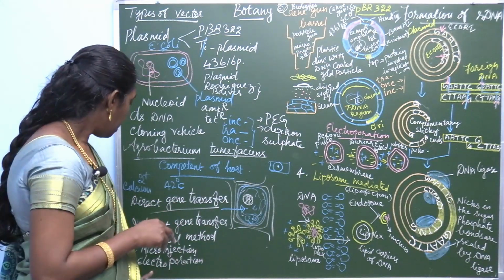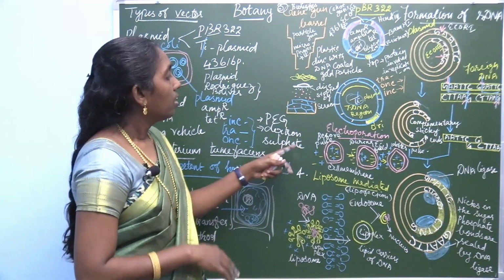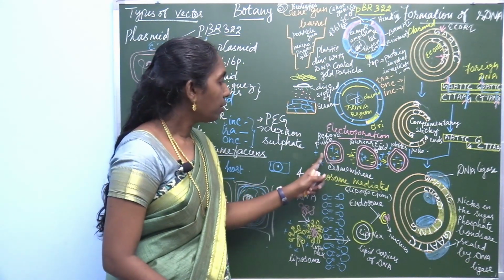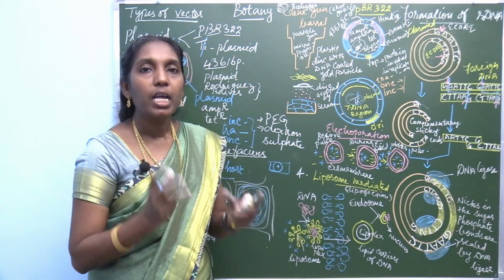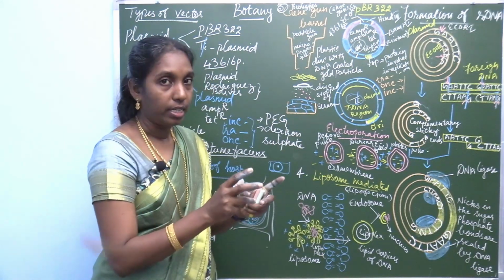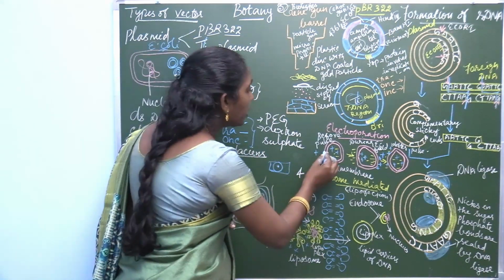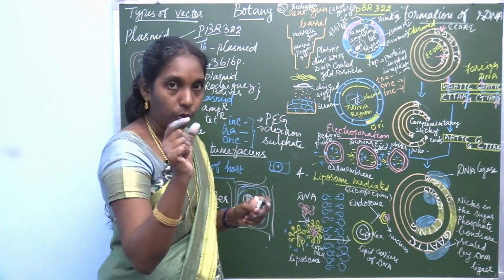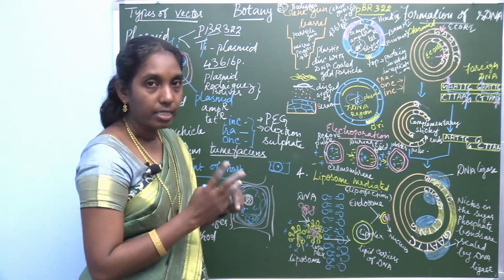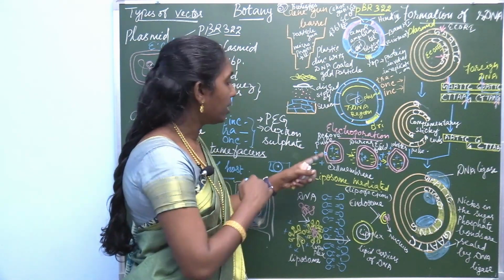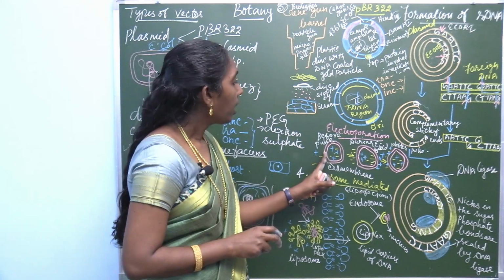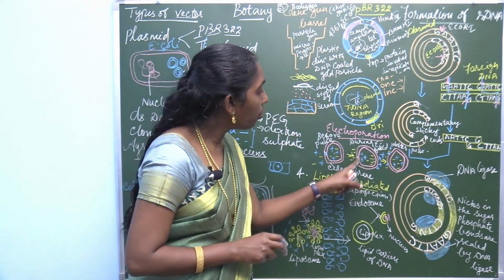Then the third method is electroporation. Now look at this diagram. Here is the cell, which contains the plasma membrane. A pulse of high voltage is given. This creates a temporary pore in the plasma membrane, and through this pore the genes can be transferred. This is the diagram before the pulse, and this is during the electric field.